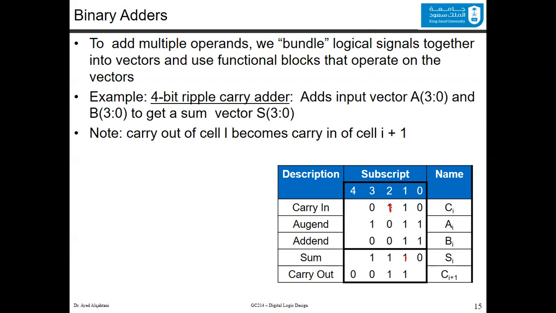And if you add 1, 0, and 0, the result is 1, carry 0. And if you add 0 plus 1 plus 0, the result is 1. And there will be another carry going to the next stage, which is 0. And since we are done, this 0 has no value. You can also add it here, but it doesn't have any value.